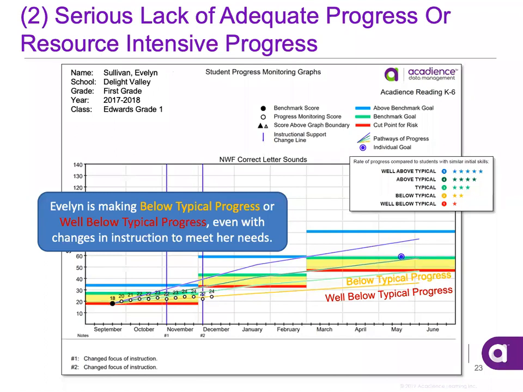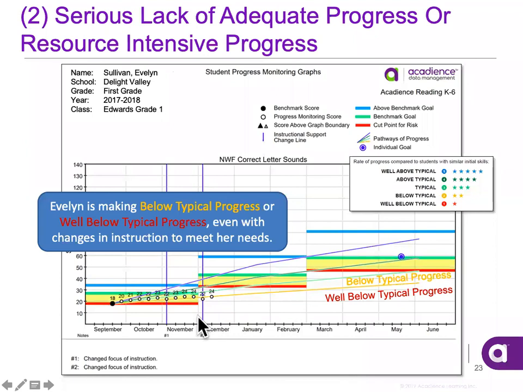I think in places where they've gotten really focused on MTSS models that are requiring a certain number of data points or a certain number of trials of intervention or a certain number of different interventions, we've really missed the point. What we should be focusing on is this question: what will it take to enable learning for this student? What are the characteristics of the instruction that will be required for this student to learn this essential skill?